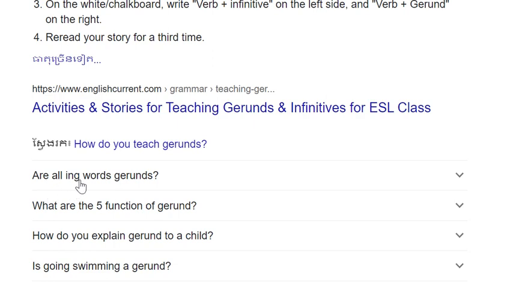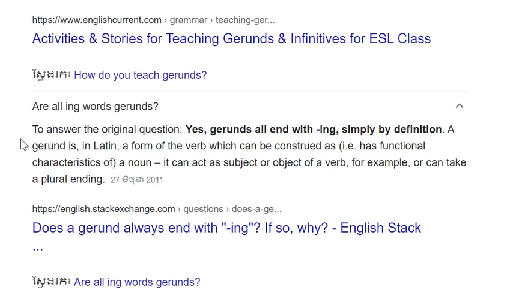Are all ing words gerunds? To answer the original question, yes, a gerund ends with ing, simply by definition. A gerund is in Latin a form of the verb which has functional characteristics of a noun.